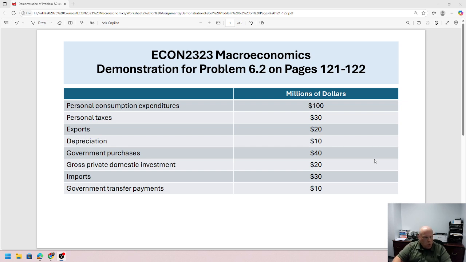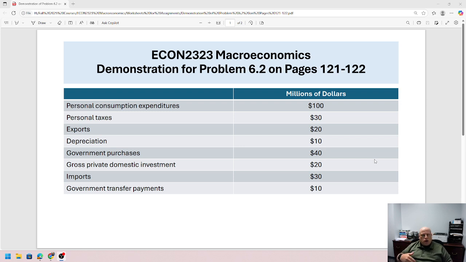All right, so for this particular question, it gives you a table, Exhibit 6.8, and it shows various numbers for the economy. For example, personal consumption expenditures, personal taxes, exports, depreciation, government purchases, gross private domestic investment, imports, and government transfer programs.